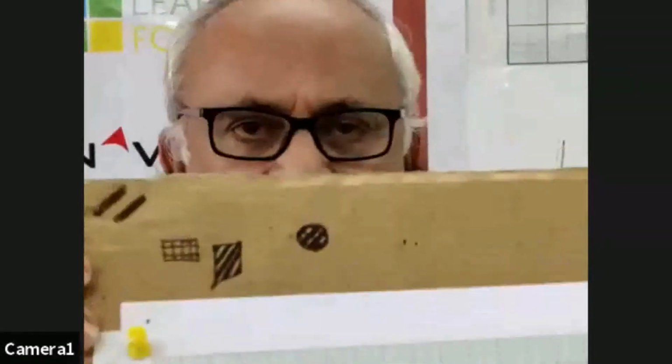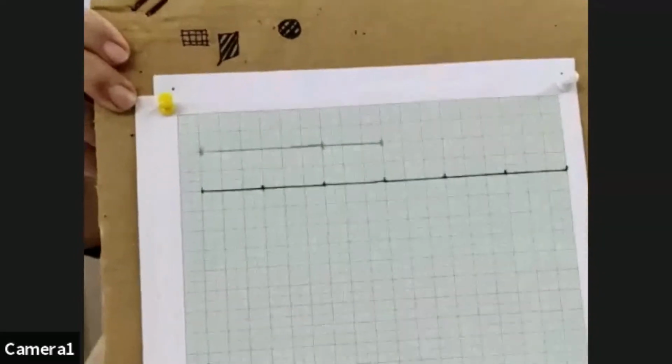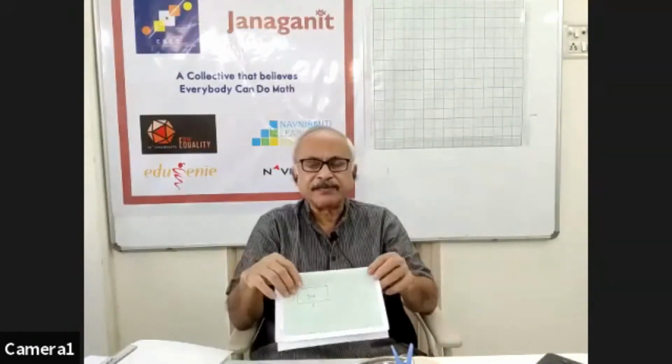Let me hold this up. Well, let me say here that none of these 3 ways is wrong. But going ahead, we will be using this representation. These are different representations for 3 times 6.